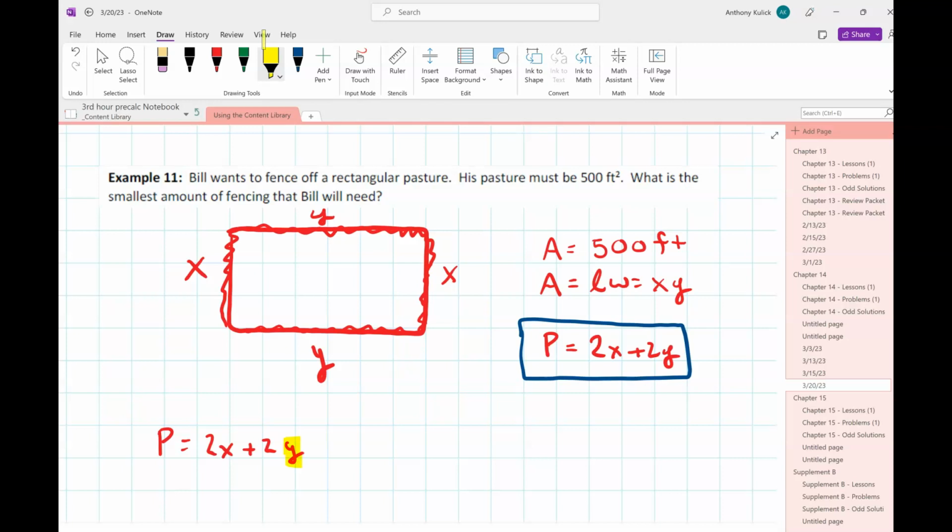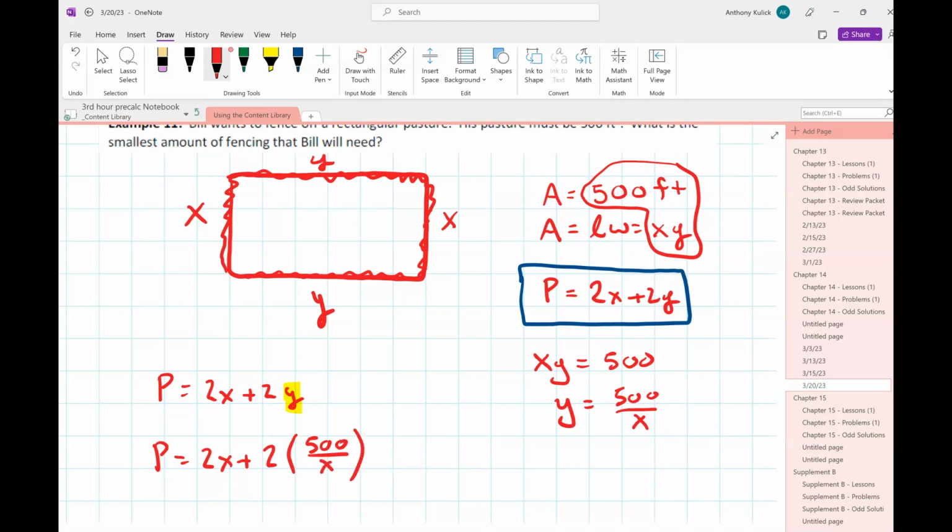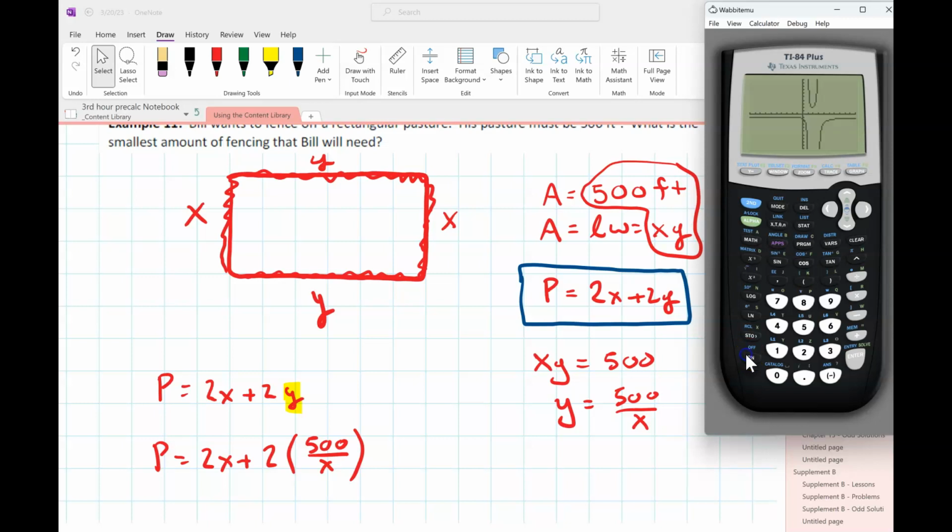So what am I going to use to eliminate the Y? That X times Y is equal to 500. Or in other words, if I divide both sides by X, that Y is equal to 500 over X. That's all I need now.